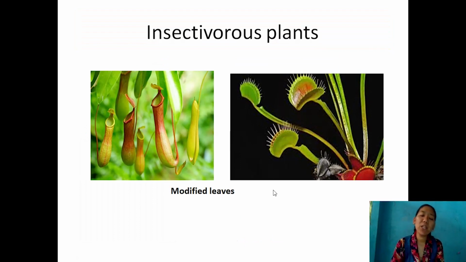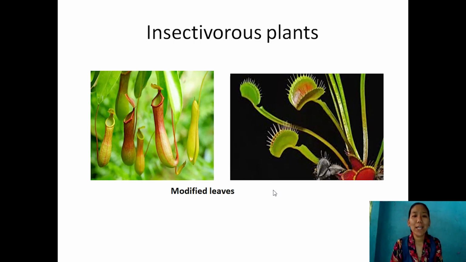And in some of the insectivorous plants, which are also photosynthetic plants and autotrophs, since they grow in an area where there is nitrogen deficiency, in order to get that extra nutrient they go for an insectivorous mode of feeding. They trap the insects to get the extra nutrient, but they also do photosynthesis.